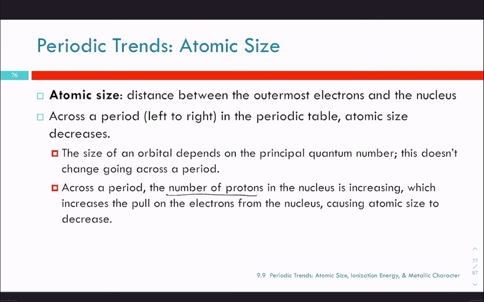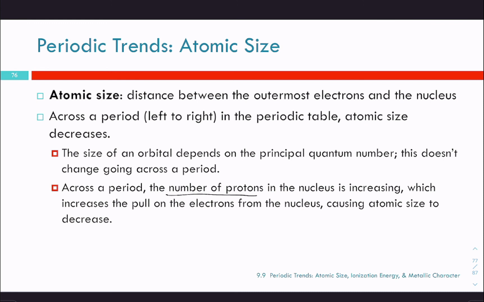If you have one positive magnet in the center, that'll have some amount of strength. But if you put two magnets in the center, now it's twice as strong. So going from lithium to beryllium, we've added more positive charge to the center, which pulls in more strongly on the electrons around it.